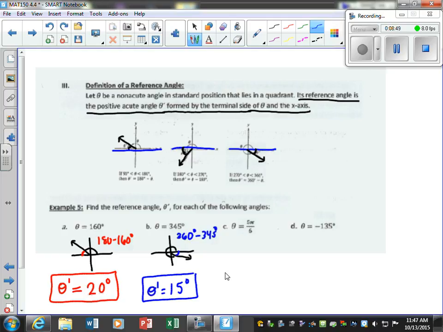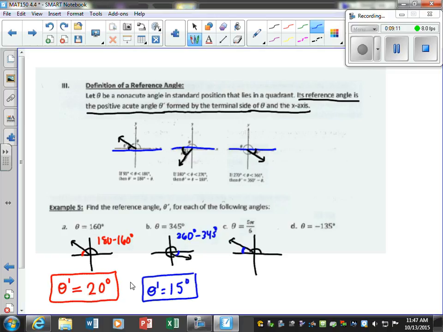All right, let's talk about it in terms of radians. Using your unit circle, we can see that 5 pi over 6, this may be hard to see, is over here in quadrant 2 somewhere, roughly. That's 5 pi over 6. We want to know the reference angle, which is this right here.